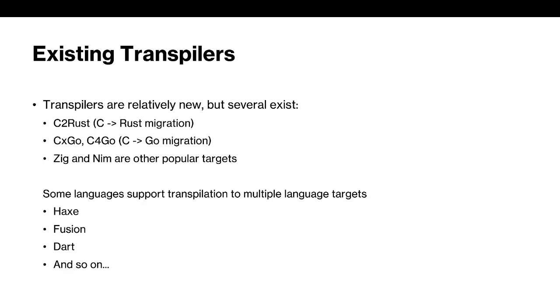Transpilers are relatively new, but there are several that exist for C to Rust migration, C to Go, or other really modern languages like Zig and Nim. And then there are other languages that take the TypeScript approach of compiling into another language, but compile to several different languages such as Haxe, Fusion, Dart, and so on.